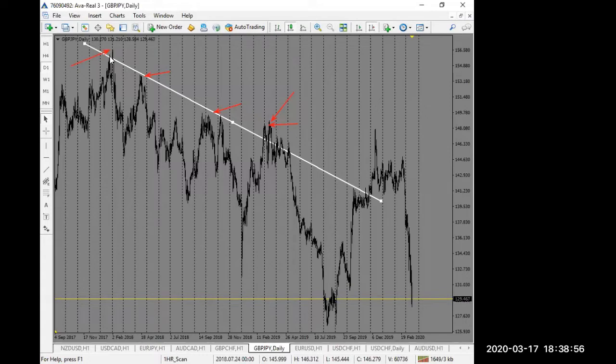There's one, right? There's two. You can press this down just a bit, and there's three. There's four, and there's a bit of a break on the upside, and then the price moved back in.